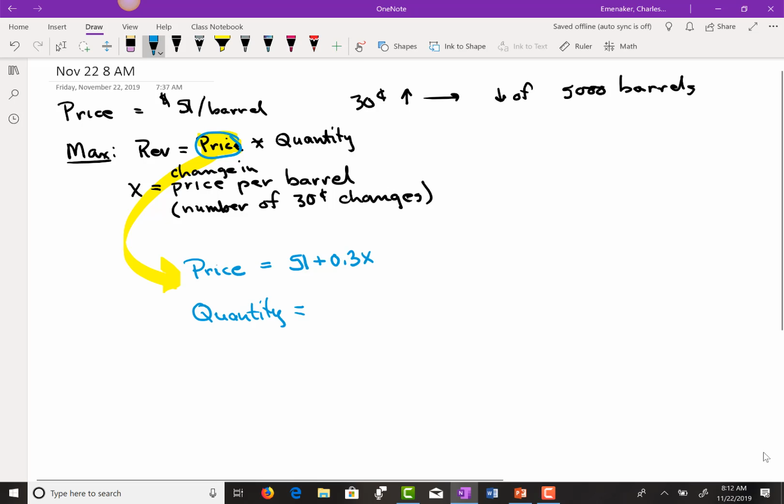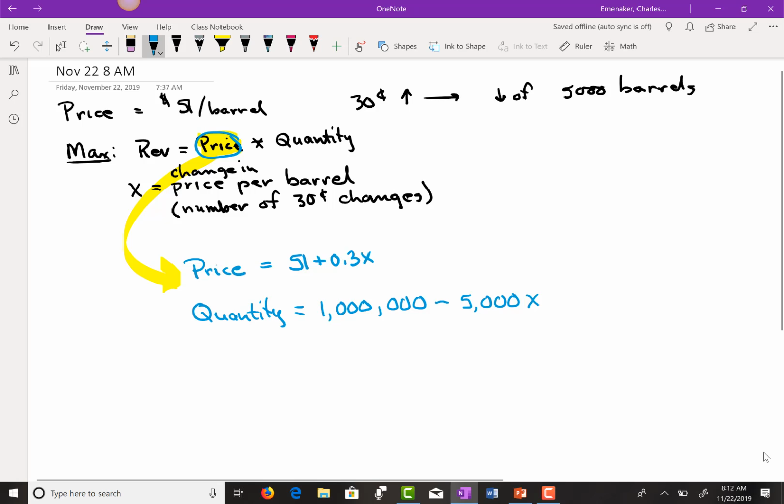It's going to decrease, isn't it? So if we leave the price alone, we're going to sell 1 million barrels. Every time we increase the price 30 cents, how many barrels don't get sold? 5,000. Okay. So we're going to subtract 5,000 for each increase of 30 cents.